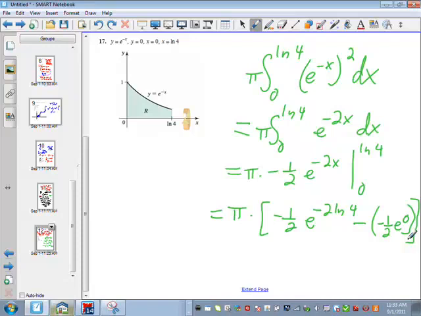Not seeing 15 pi over 2 yet. Pi times minus 1/2, okay, so e to the minus 2 natural log of 4 is e to the natural log of 4 to the minus 2, which is 1 over 16, plus 1/2.